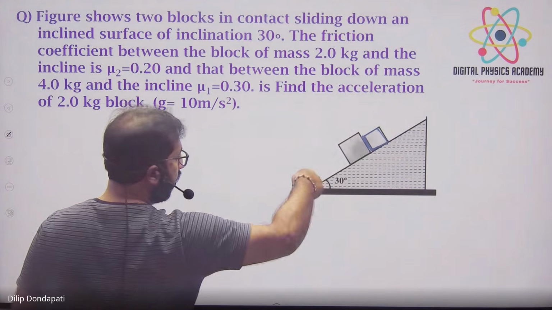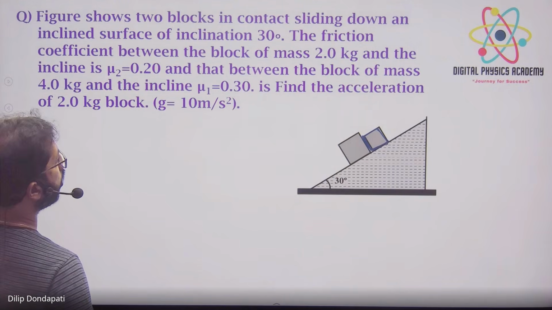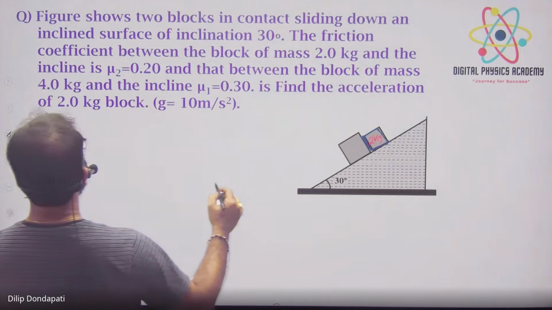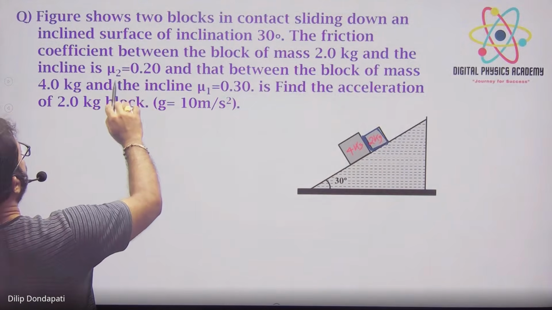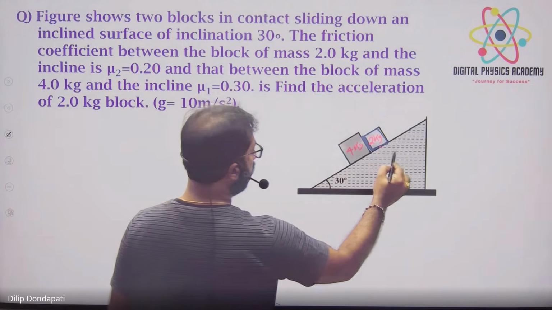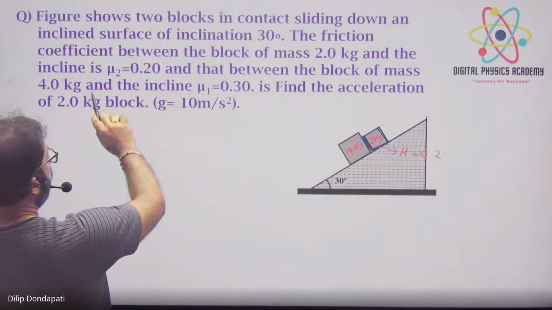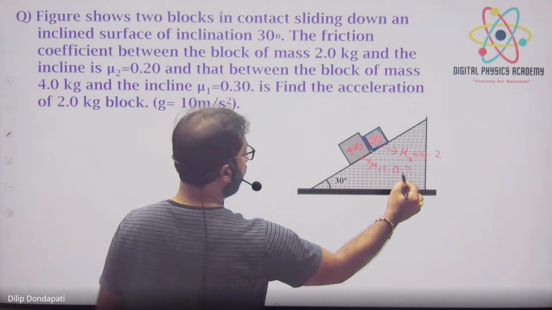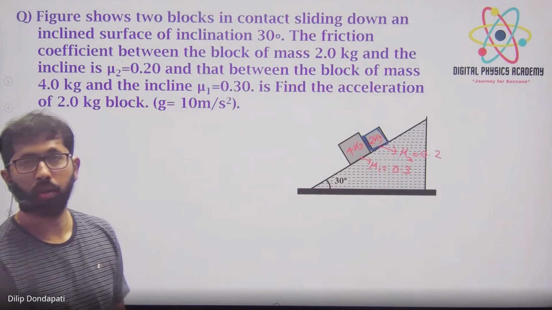The friction coefficient between the block of 2 kg and the bigger block of 4 kg: the friction and inclined plane for this is mu is equal to 0.2 दिया है, and for the block of mass 4 kg and inclined plane, mu is 0.3 दिया है. Find the acceleration of the 2 kg block.